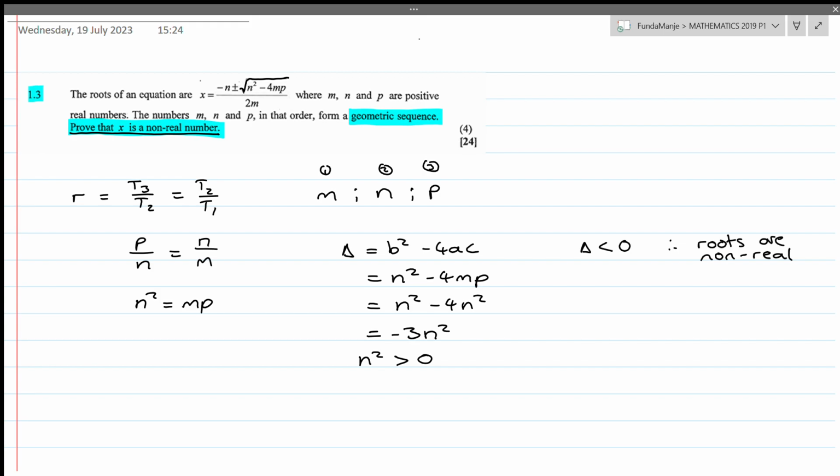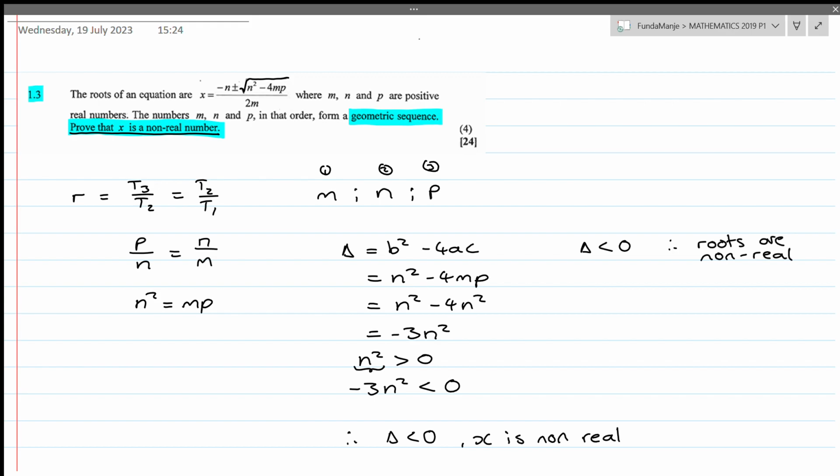If n squared is always positive and we multiply that positive number by negative 3, then this will always result in a negative number, because multiplying the result of this, which is always positive, with negative 3 will always turn our number negative. Therefore, we can say the discriminant will always be less than 0, and x is non-real.